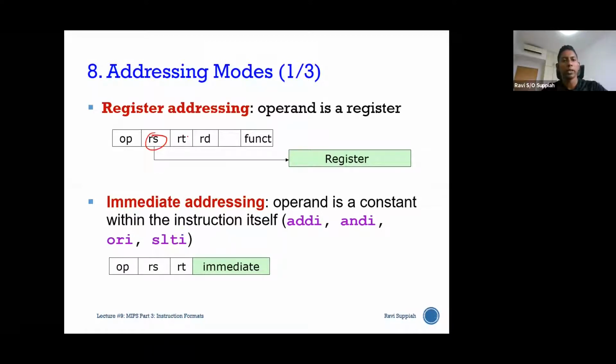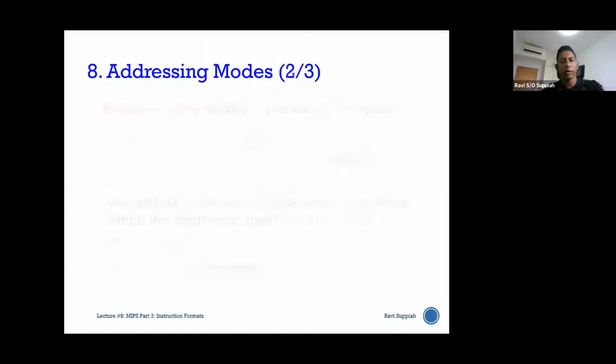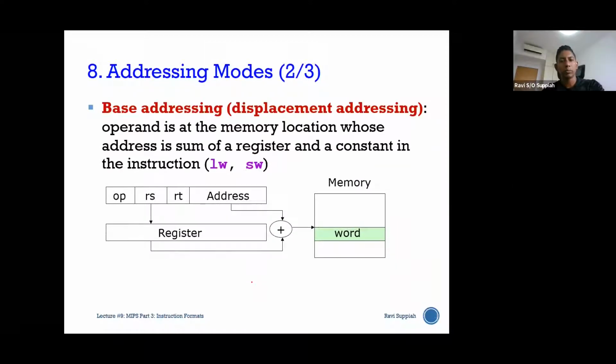All three of them are registers, correct? Two source registers, one destination register. For immediate addressing, we have two registers and one immediate value. Addressing for memory access is also the same format: two registers and a 16-bit value.